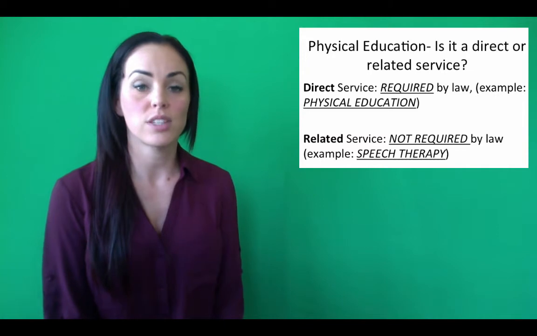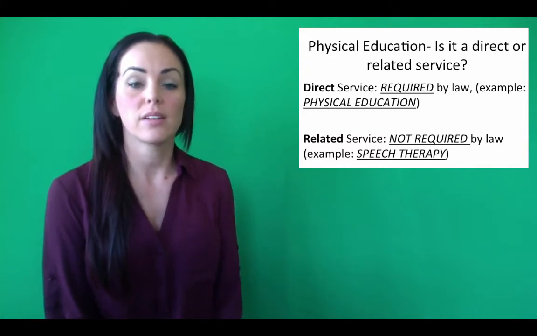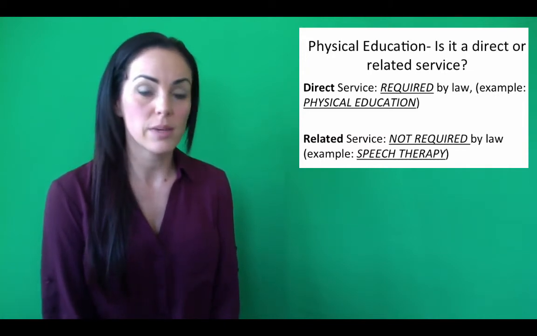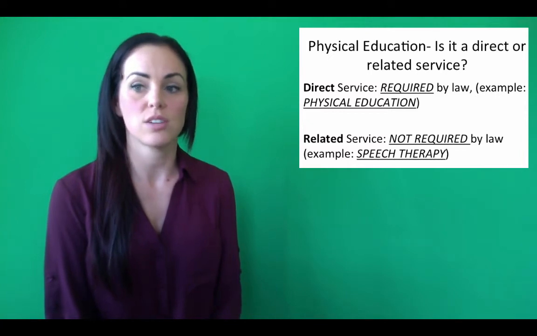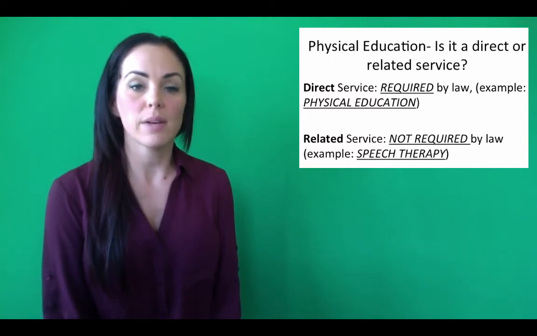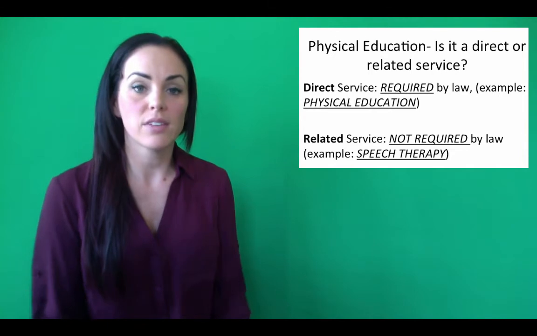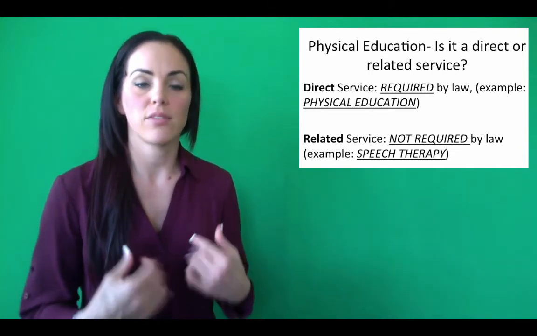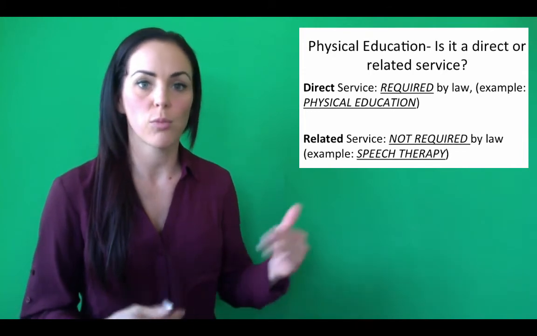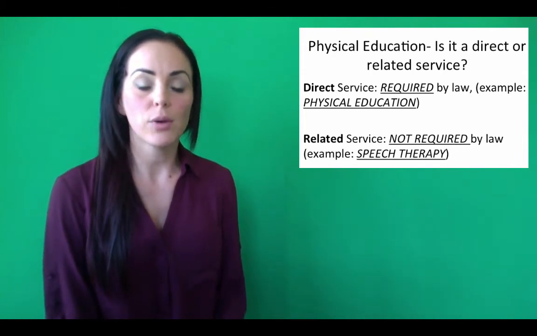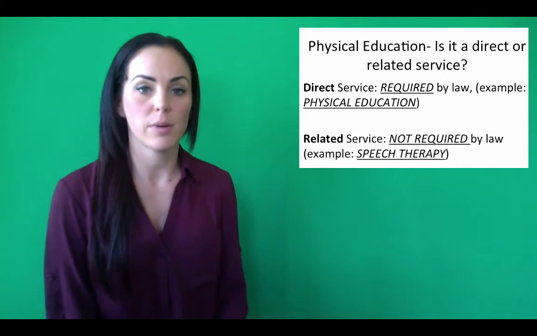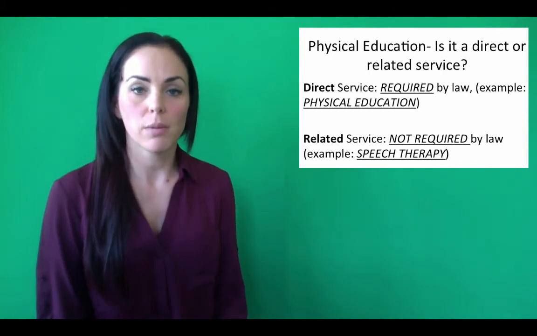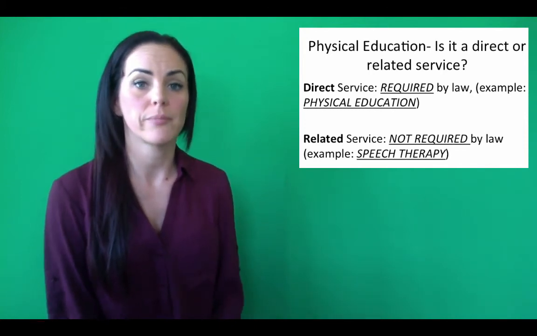Anything else is going to be a related service. And related services are not required to be on the IEP or Individualized Education Plan. And that basically means that if I have a disability and I am able to move just fine, I have no issues moving from one place to another, I'm not going to need physical therapy, occupational therapy. If I have no problem speaking, I'm not going to need speech therapy.